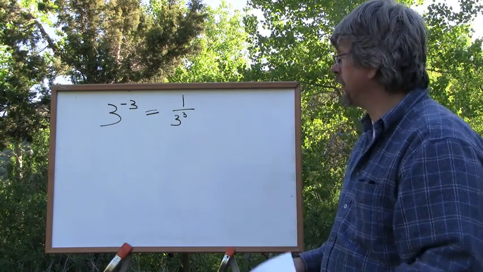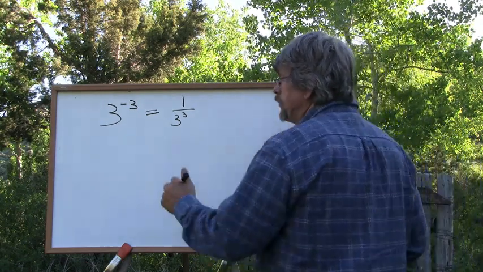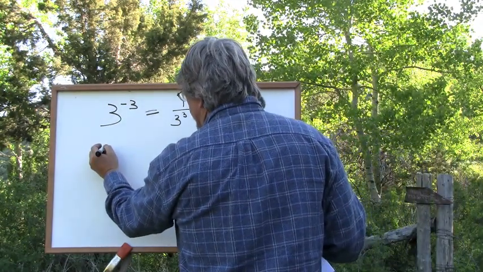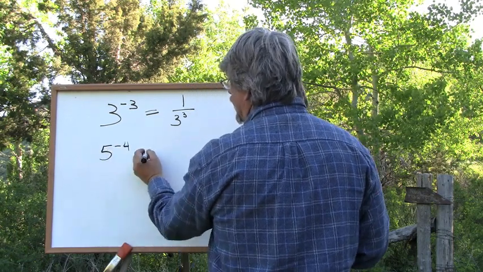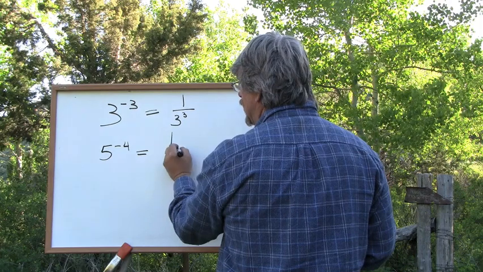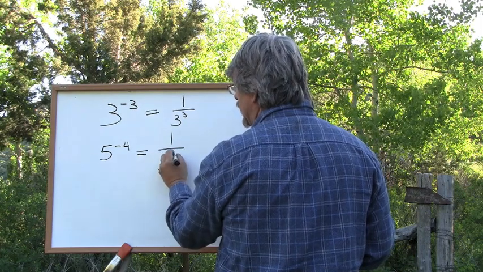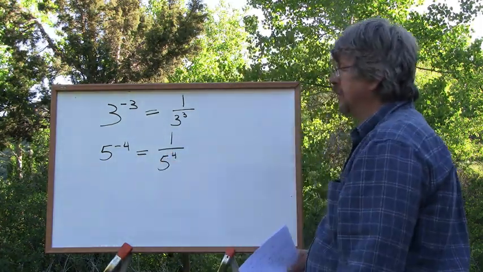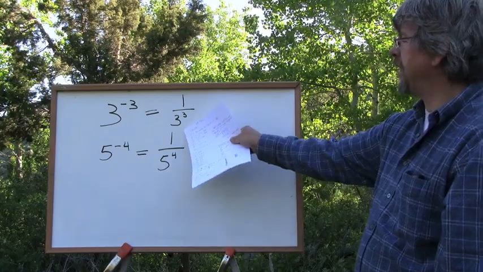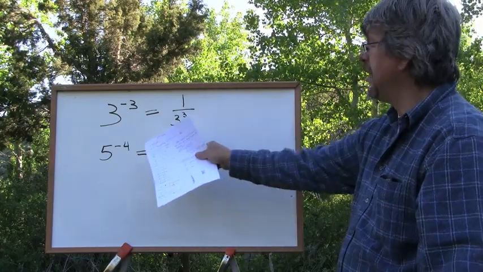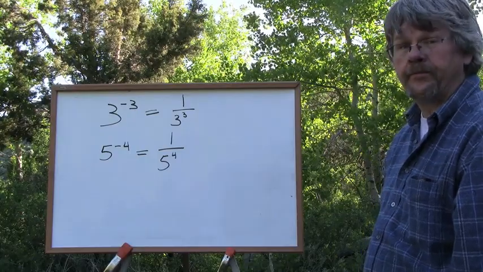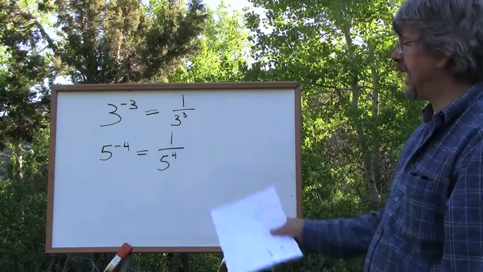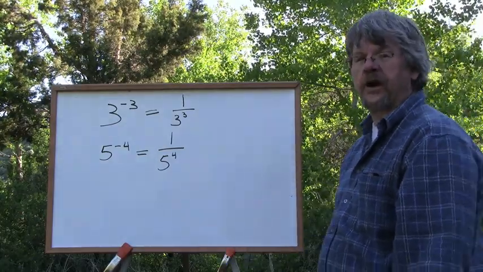This is how this works. If we have 5 to the negative 4th, this equals 1 over 5 to the 4th. It becomes the denominator of a fraction with a 1, and you drop the negative sign to a positive 4. That's how negative exponents are dealt with.